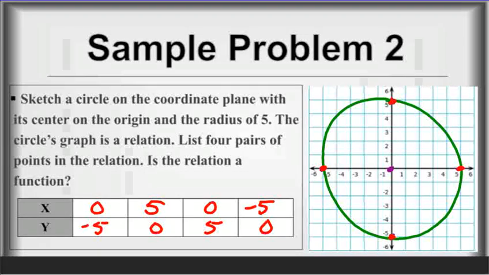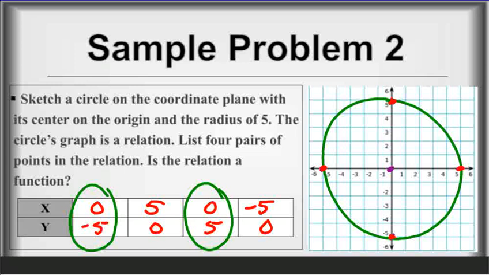So I have 4 pairs of points, but you'll notice this one and this one, I have the same x value of 0, but they give me two different y values. One gives me a -5 and the other one gives me a 5. So is this relation a function? No, because one x value can only give me one y value.